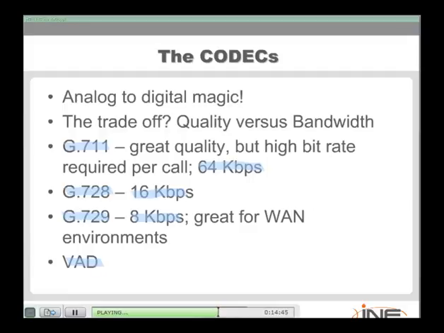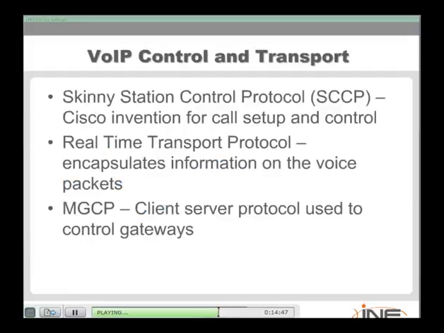Now, in addition to the codecs, we have to be able to sort out the various voice over IP control and transport mechanisms. And there's quite a few of these that I want you to know. There's the Skinny Station Control Protocol. What a great name. Skinny Station Control Protocol, SCCP.